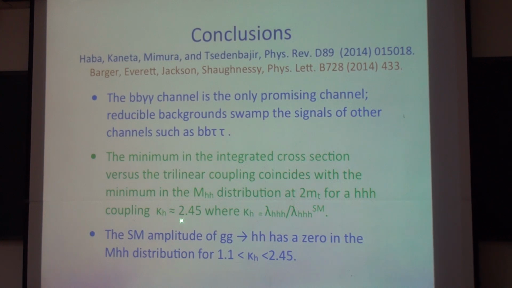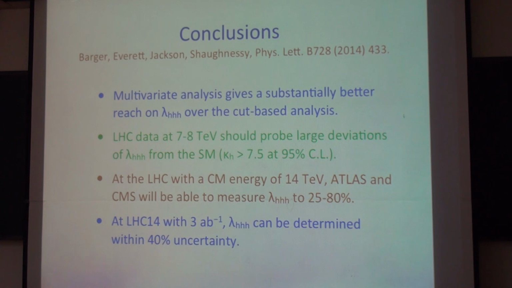And that kappa is about 2.5. And also, this is the region that we are going to see some amplitude that almost vanishes if kappa is between 1.1 and 2.45. This is in the MHH distribution.